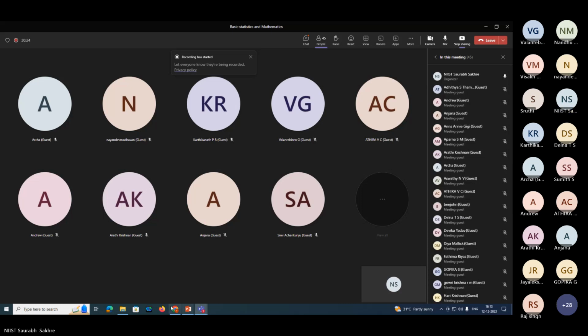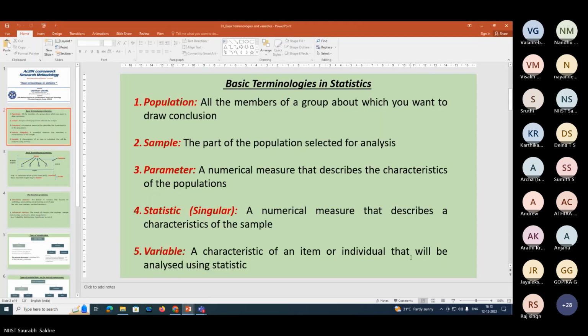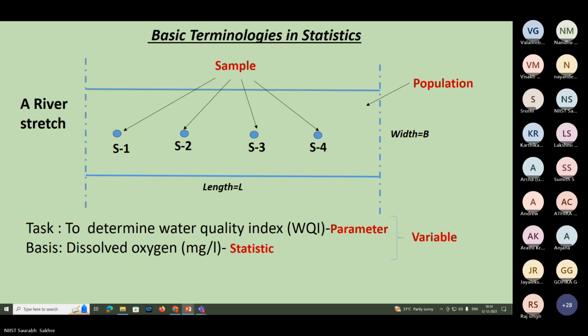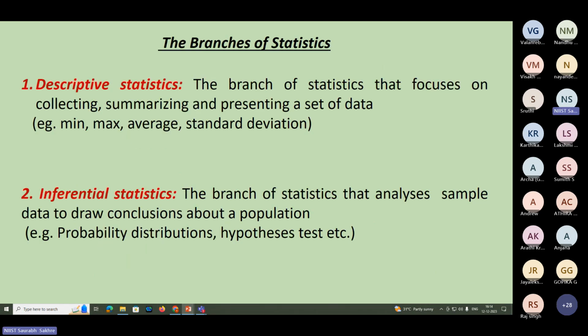Okay, good. We'll proceed. If you see statistics, there are two types of statistics we use, or academically, two branches of statistics. The first one is descriptive statistics and the second one is inferential statistics.